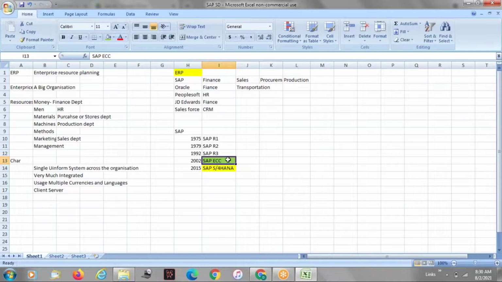Business process wise, there is not much change between SAP ECC and SAP S/4HANA. Technically there are some changes, but those are just additional things you will pick up, with no big change in the business process.